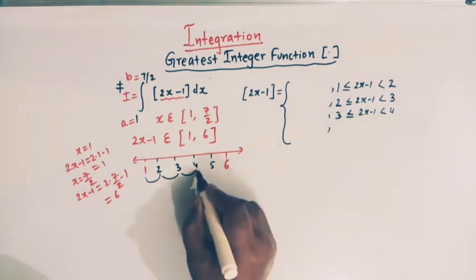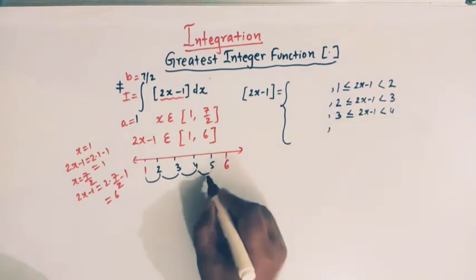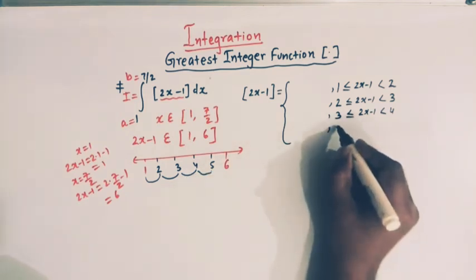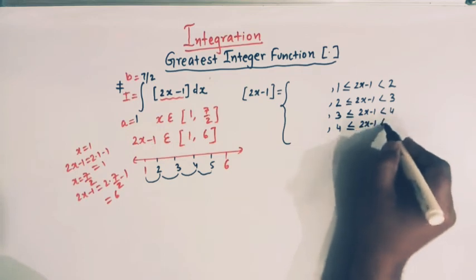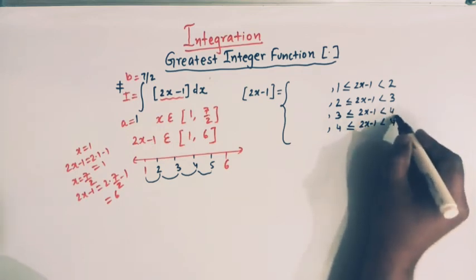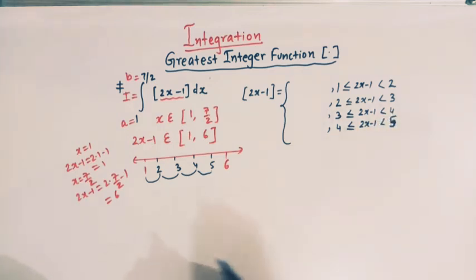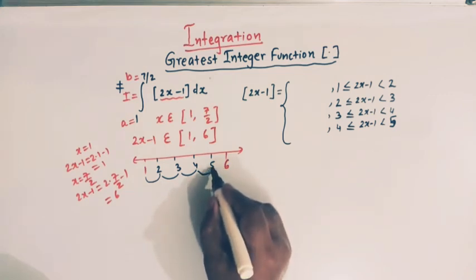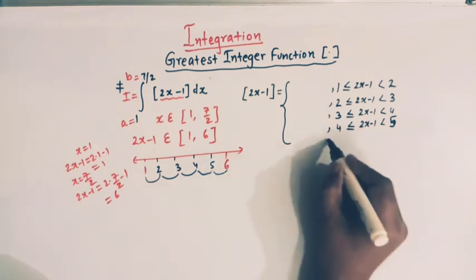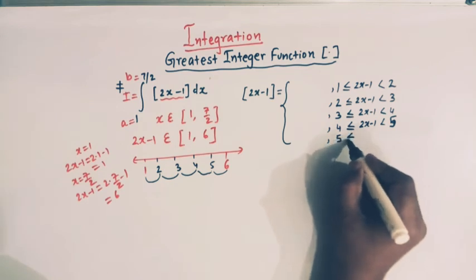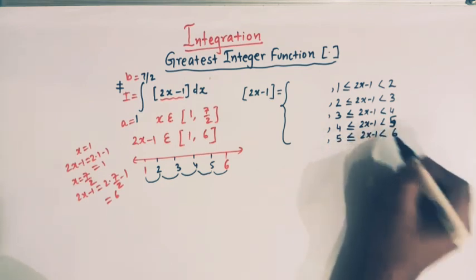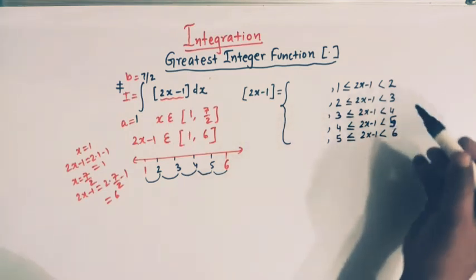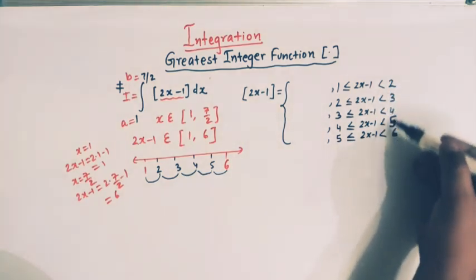When we write 4 to 5, then here we have 4, and here 2x minus 1 less than 5. And when we take 5 to 6, then here we have 5 and here 2x minus 1 less than 6, clear? So we have written these 5 intervals.